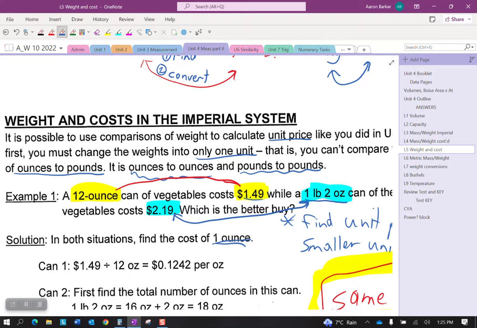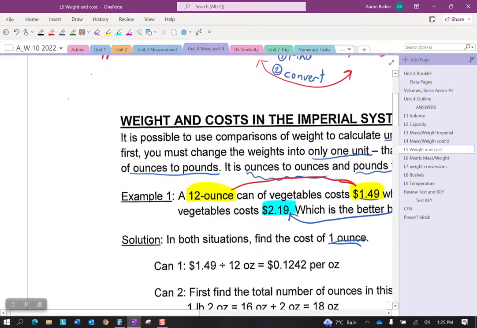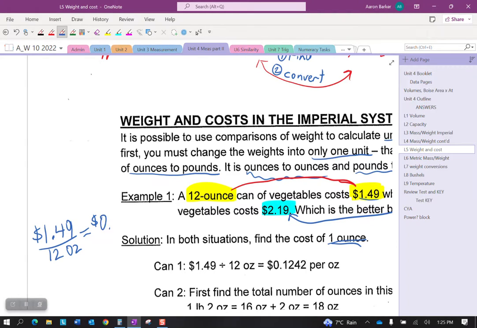So in order to compare them, we have to compare their unit price. So the very first one, it would be money on top, because money is the most important thing. $1.49 divided by the cell size, which is 12 ounces. And that's going to equal 0.1242 per ounce, OZ.